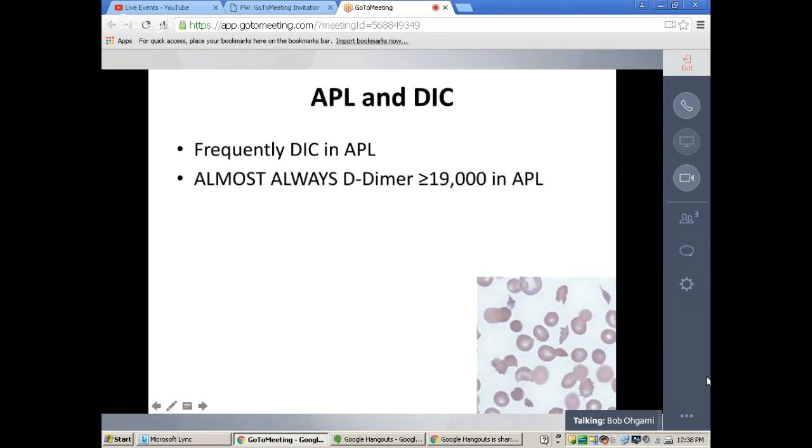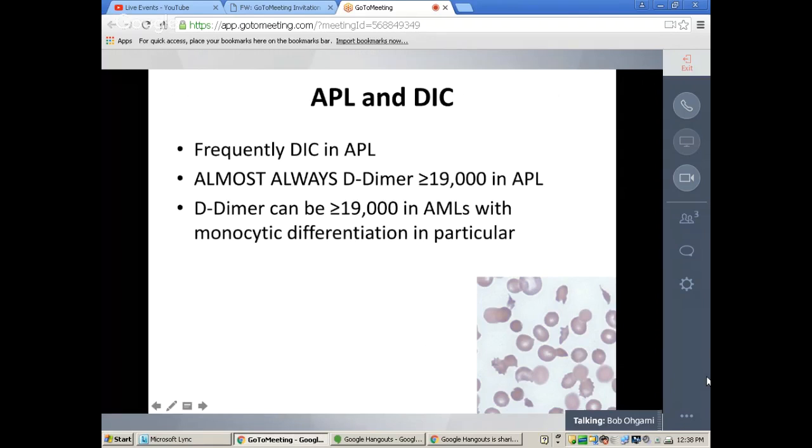So DIC is frequent in APL, and almost always the D-dimer level, I encourage you to look at this, will be above 19,000 in D-dimer units, or if you use fibrinogen equivalent units, it would be 3.8.